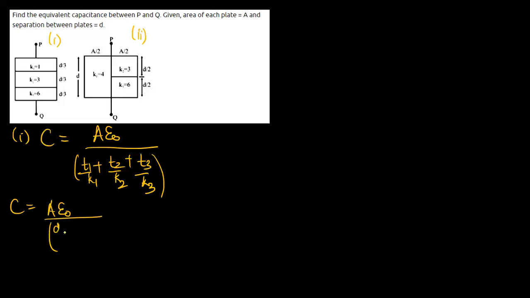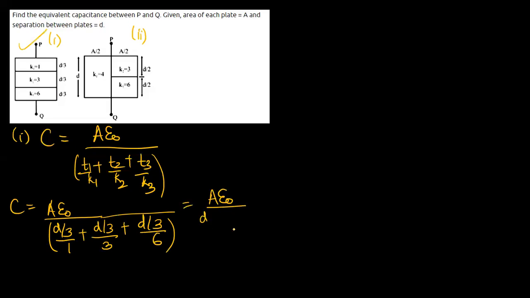Area is A, epsilon naught divided by T1, the first thickness D by 3 upon K1 is 1, plus second thickness D by 3 upon second dielectric constant is 3, plus third thickness D by 3 divided by third dielectric constant is 6. I'm solving for the first case, for the first figure. So when you solve this, you get A epsilon naught upon, you can take D by 3 common. Here you can take the LCM. The LCM will be 6 here.